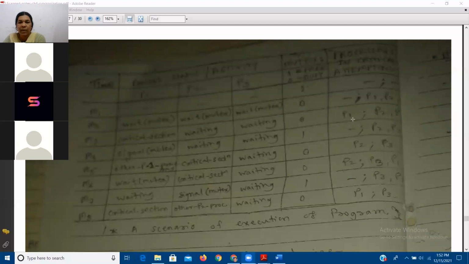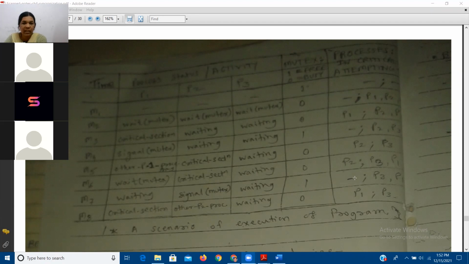Again here P1 is in the critical section, P2 and P3 are not there in the critical section. Again P2, P3 not in the critical section. So P2 is inside the critical section, P3 is waiting. Here P2 is inside the critical section, P3, P1 are waiting, like that.